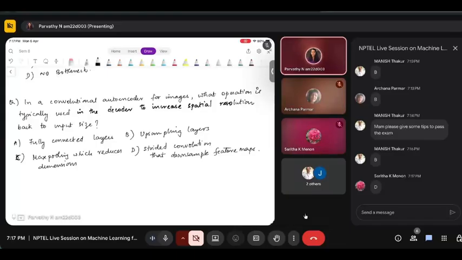Yeah, so you have to upsample the layers to increase the spatial resolution. In the decoder, you have to increase the size, so you have to upsample rather than downsample.